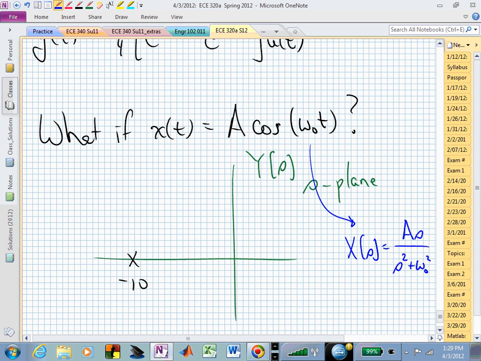Those are plus and minus j omega naught, meaning if this is j omega naught, I have a pole there, and I have another pole at minus j omega naught, and I actually have, for this cosine waveform, a 0 at the origin. That's now my pole-zero diagram for y of s, capital Y of s. Can you see the structure of your little y of t based on those poles?